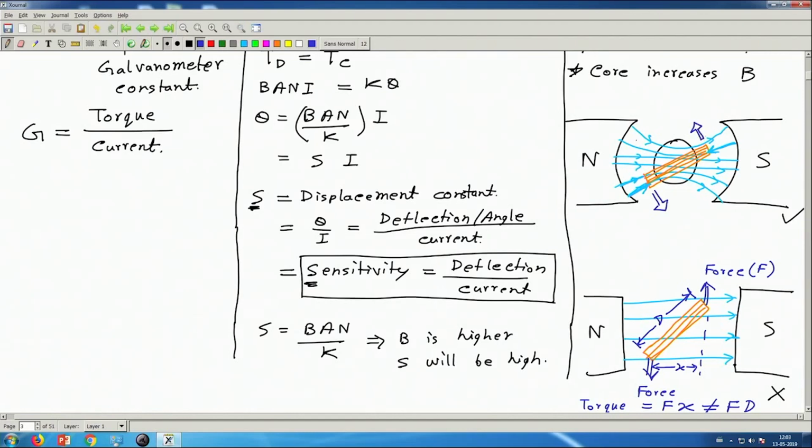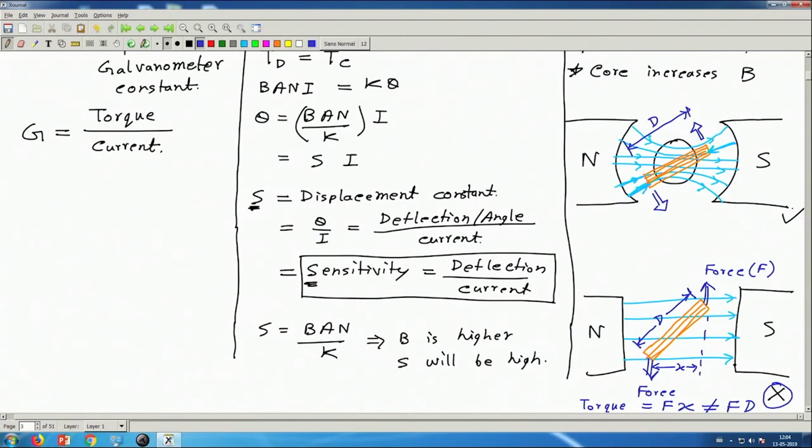And then the perpendicular distance between the two forces is still the diameter d, and this is always d irrespective of the angle of this coil. Here it is not so. So, this is generally not used. This is the situation which we have in our ammeters.